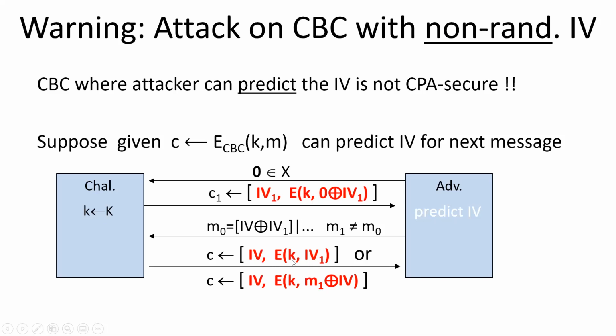And if there is a collision, he knows that the encryption was of M0. And if there is no collision, the encryption is of M1, right? So he takes the second block. I indexed the blocks, the first block was at 0, right? So this is block number 1, which is this one in C, and the same block in C1, right?